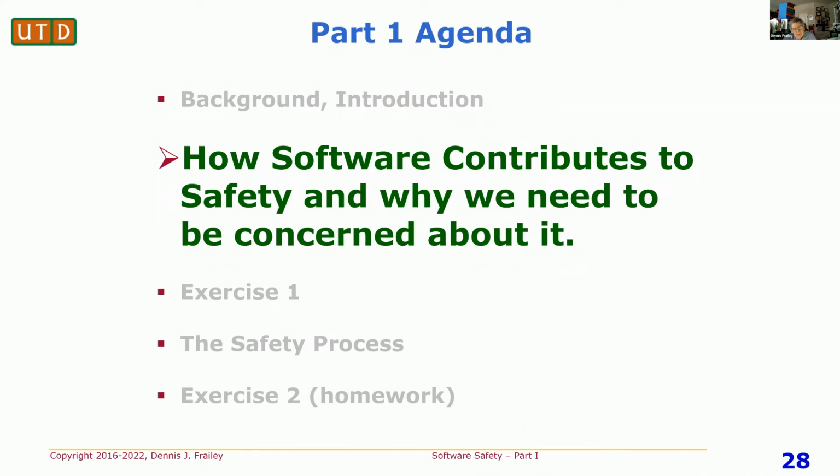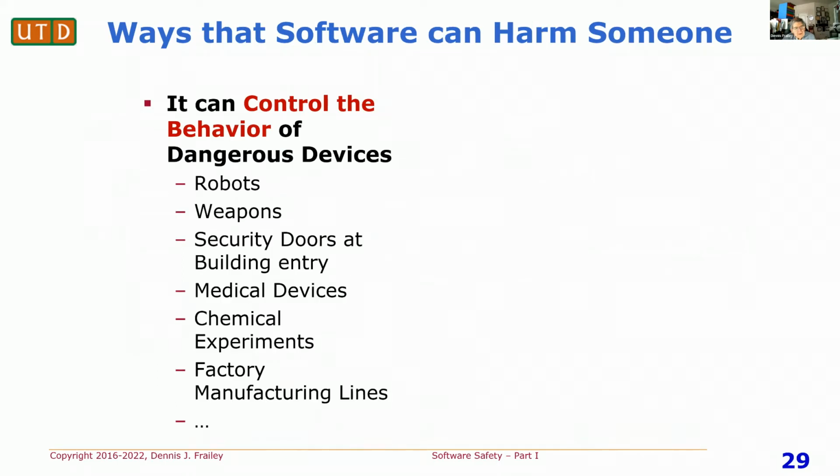All right, now let's talk about how software contributes to safety. Software can control the behavior of dangerous devices, and there's some listed on the left. There's lots of things going on in the world that are very potentially dangerous. Imagine a chemical manufacturing plant. Remember Bhopal, India?